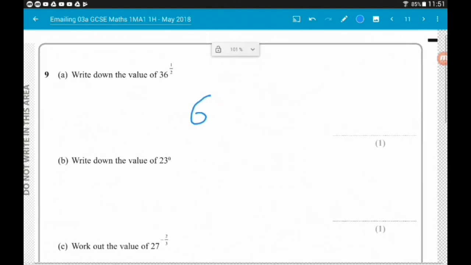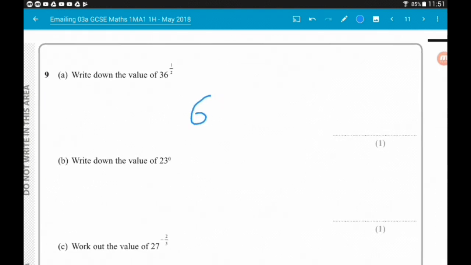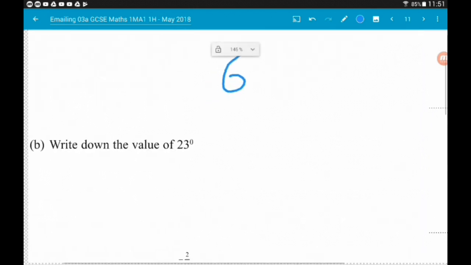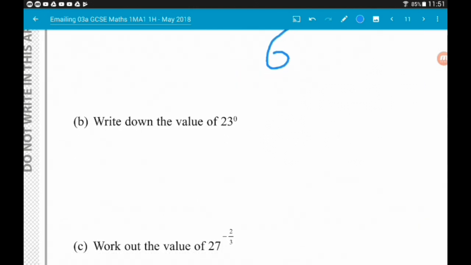If that was a 2 marker, here it's just 1, then we would write plus or minus 6. Part B wants us to write down the value of 23 to the power of 0. Any number to the power of 0 is 1, except for 0 itself. Doesn't work for 0, but any other number, the answer is 1.